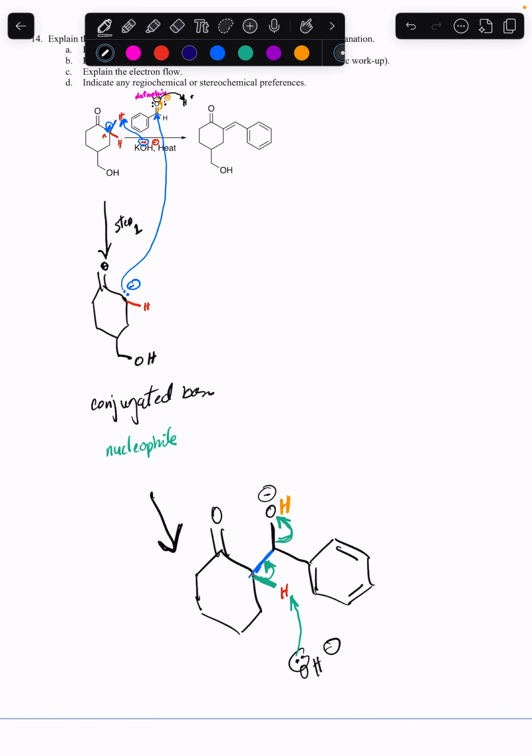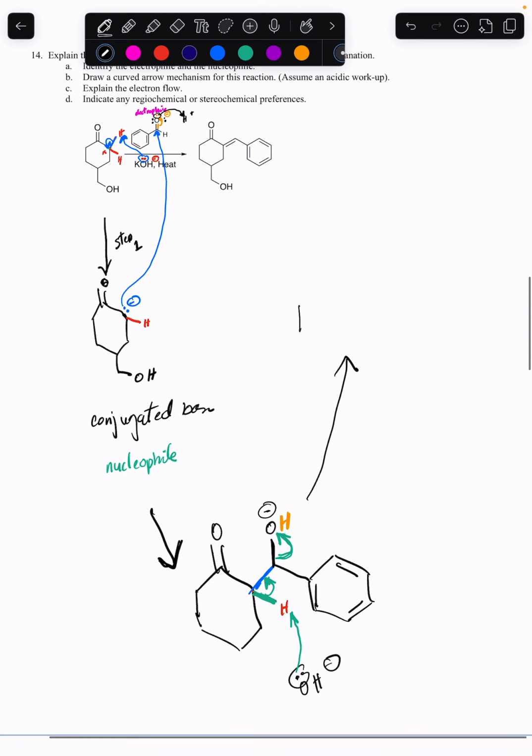So let's put this here. Again, let's draw this. Let's maintain our color coding to make things easier. So the oxide group has already left.